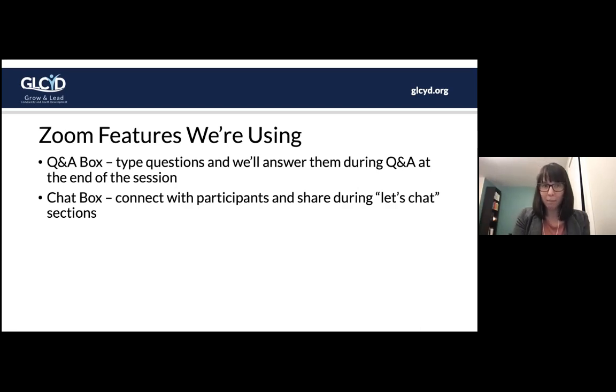There's also the chat box where you can connect with other participants, and we'll have a Let's Chat part of the presentation where I'll prompt you with a question to put your answer in that box. I won't be reading through the chat during the presentation. We have a lot to cover, so I'll let Karen and Amy manage that. I will only be looking at the Q&A box when we get to the question and answer portion of tonight.